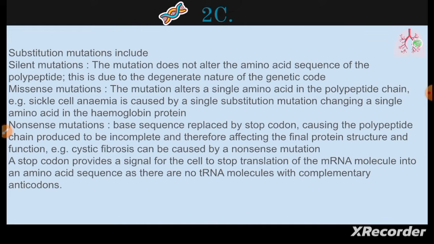So the polypeptide or protein will be shorter, and anything after that will not be coded for, since there are no complementary tRNA molecules with anticodons. So basically the mRNA is being read at the ribosome, and then the stop codon comes, and there is no tRNA with an amino acid for that. So it just doesn't continue.